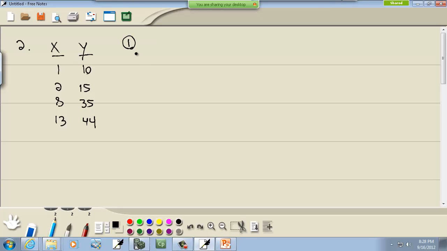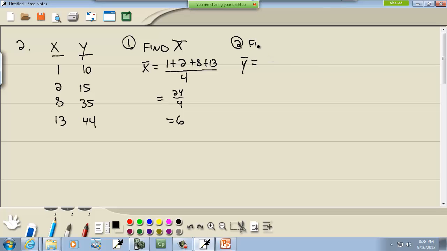Our first step is going to be to find x bar. Well, x bar is our mean, and we're going to add together all the x values and divide by how many we have. There's 4 of them. So that's 10, 23, 24. 24 divided by 4 is 6. We're also going to need, step 2, find y bar.